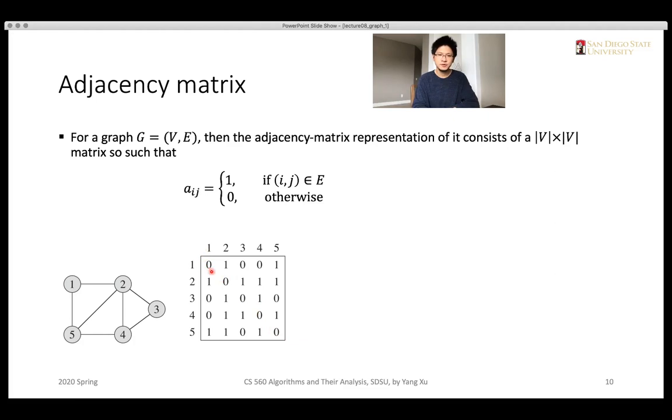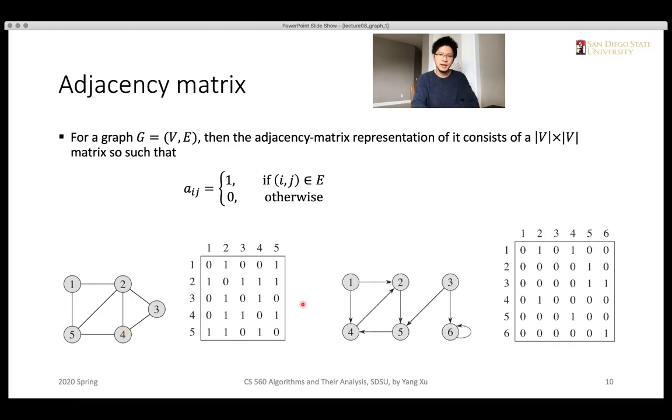For example, the element A12 is 1, and that's why A21 is also 1, and A23 is 1, and A32 is also 1. Okay, because when you consider adjacent vertices, all the edges are counted twice.